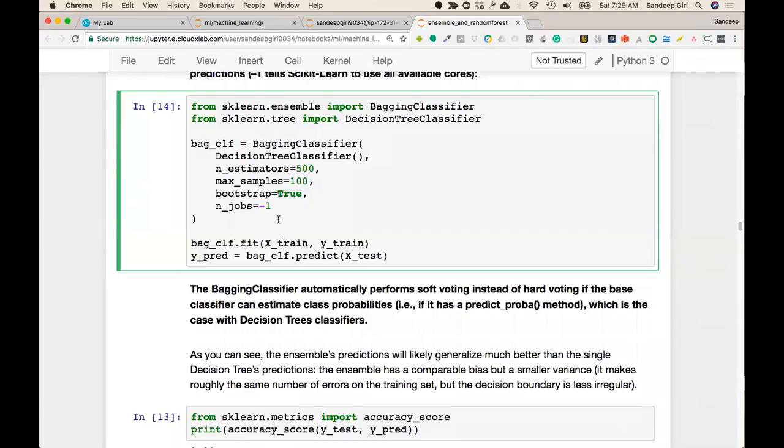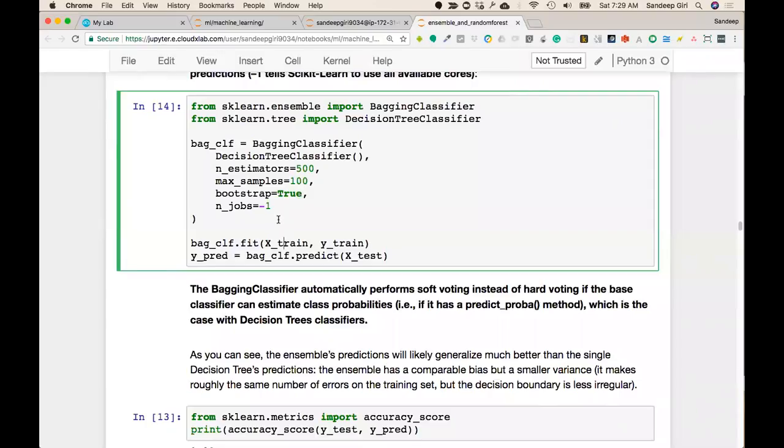So Kamal's question is, if bootstrap equals false, it may fail because we may not get many unique data points. That's right. If you are doing pasting on a smaller data set, you may not get sufficient data for training, and therefore the result may not be great. But that's exactly the use case of pasting when you have a humongous data set.